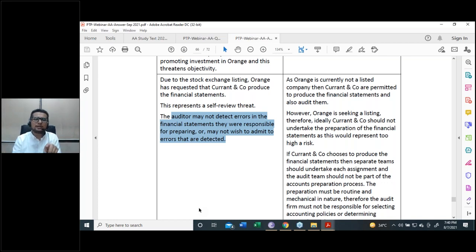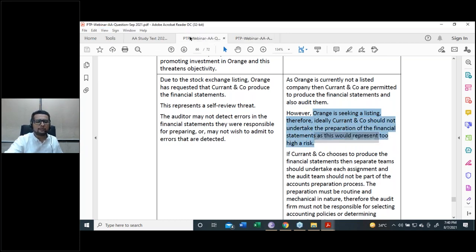That's how life goes on. People don't realize their own mistakes, so you have to explain it properly. And considering that Orange Company is seeking stock exchange listing, ideally speaking, we should not be involved in the preparation of financial statements because the risk will be too high.